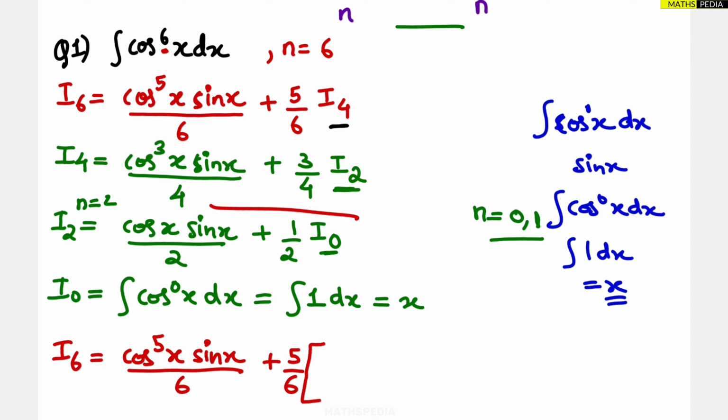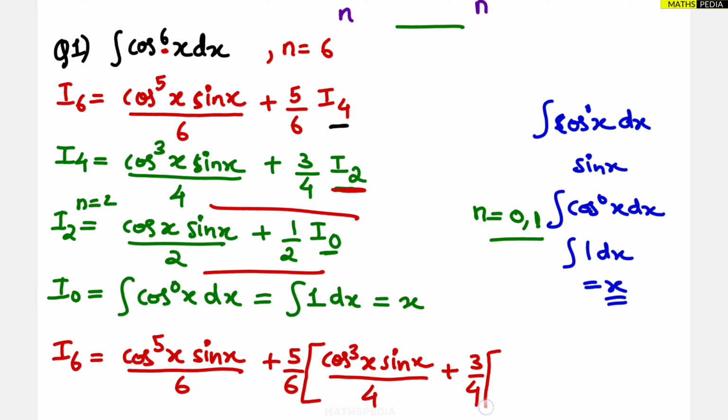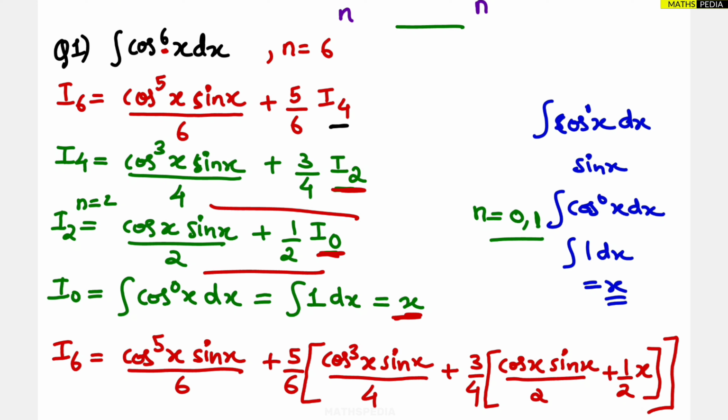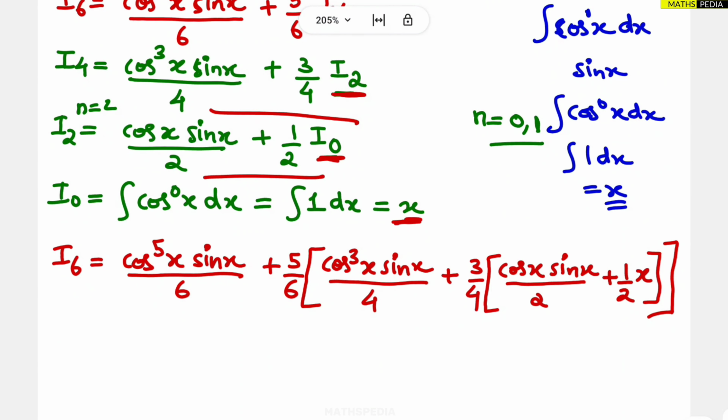Put one bracket, then you substitute. Again in place of I2 I need to substitute this entire thing. Again put one bracket. Now in place of I0 I need to substitute this value, which is x. So the bracket is done. Okay, so everything is done. The bracket is very important because that constant value has to be multiplied, right?